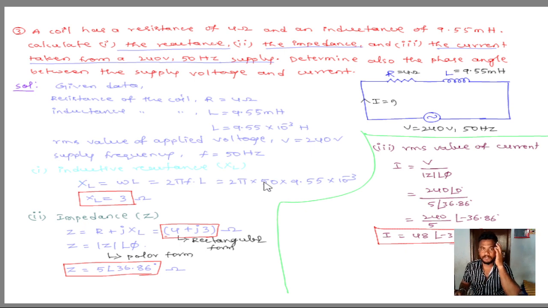And this is the value of current. And also determine the phase angle between supply voltage and current.